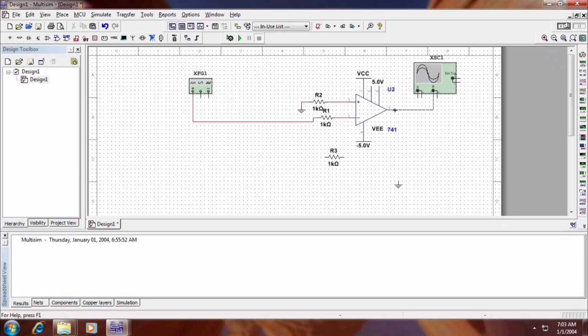So the connection is done. After that, don't connect this negative pin to ground. Next, I'm going to connect the feedback, one to the sixth terminal and another one to the third.